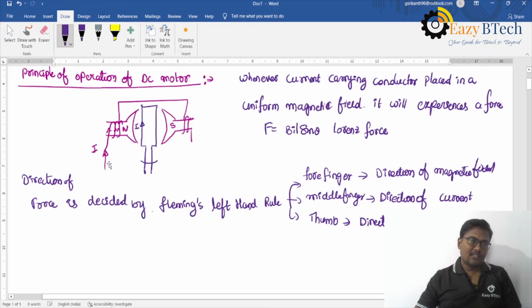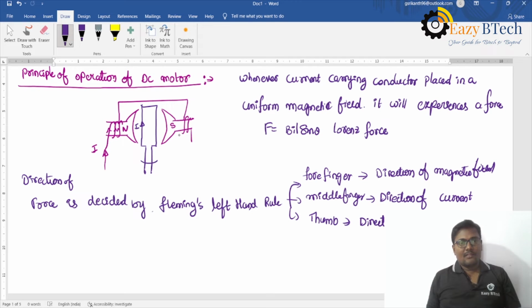Here I am taking a single turn machine. So this is our commutator.